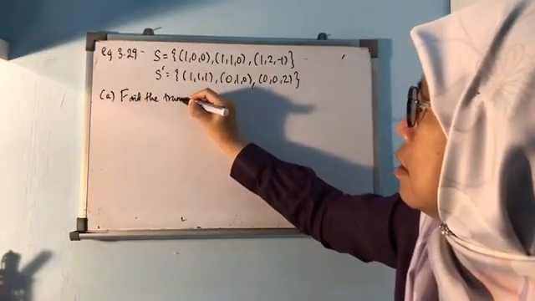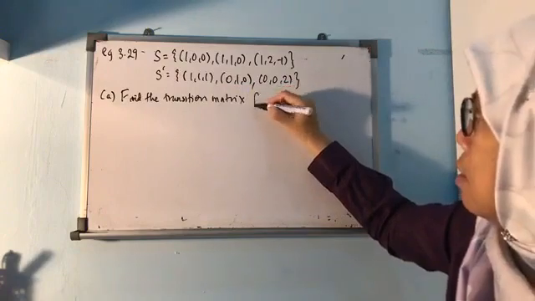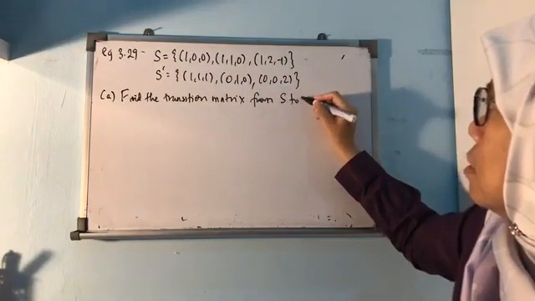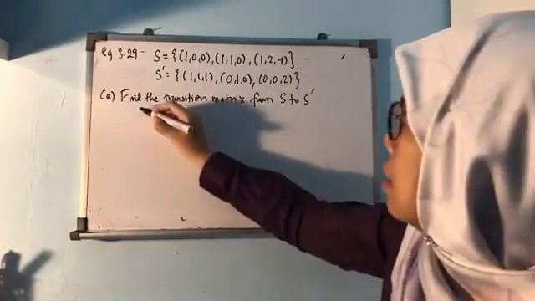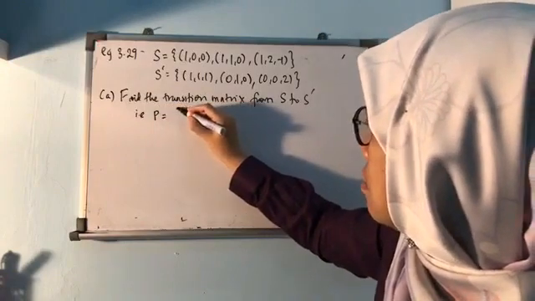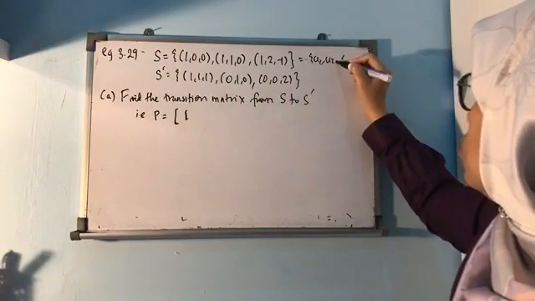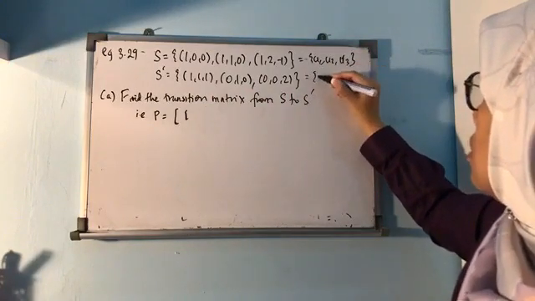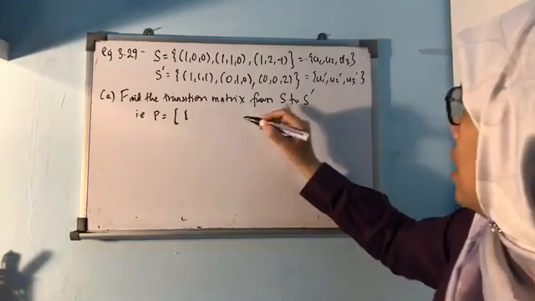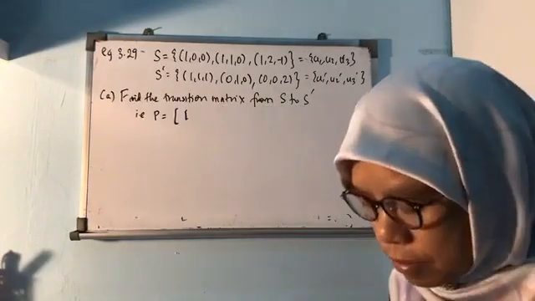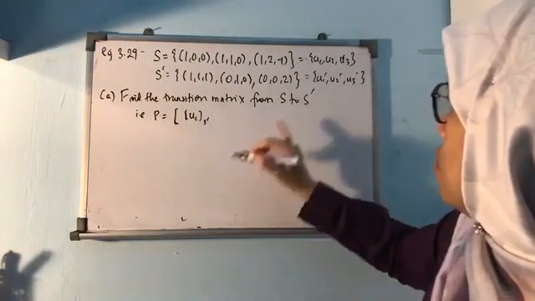The question will be: find the transition matrix from S to S prime. That is P, right? Call this U1, U2, U3, and call this U1 prime, U2 prime, U3 prime. So from S to S prime, you have to write each of the U's in terms of S prime.